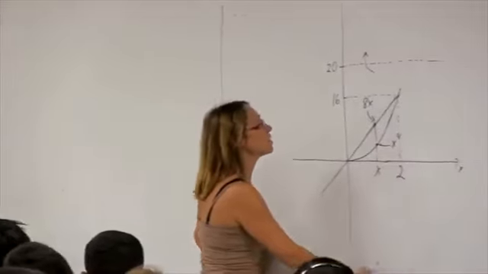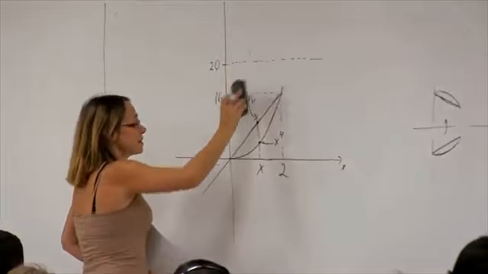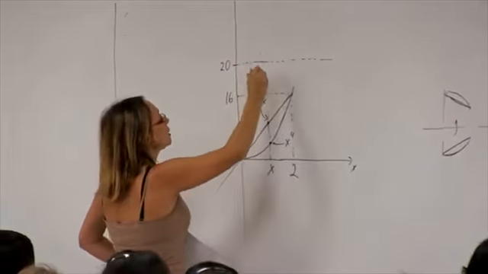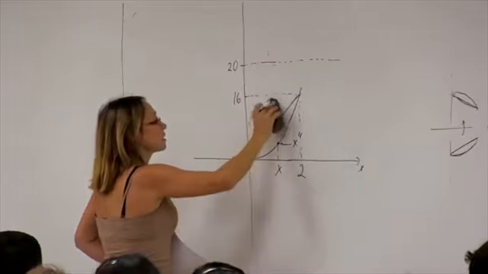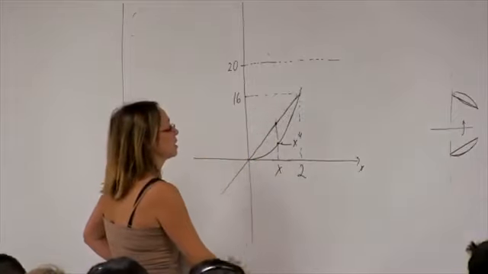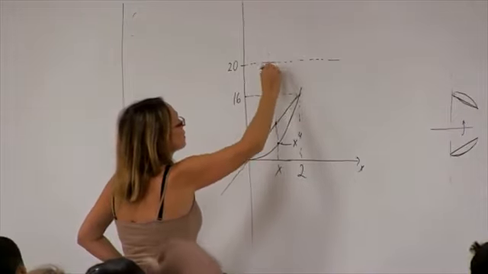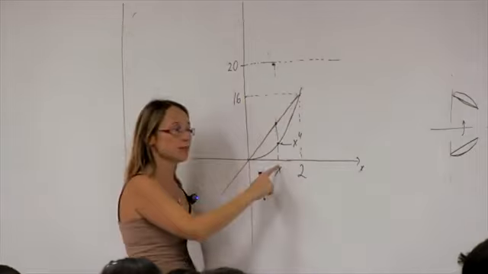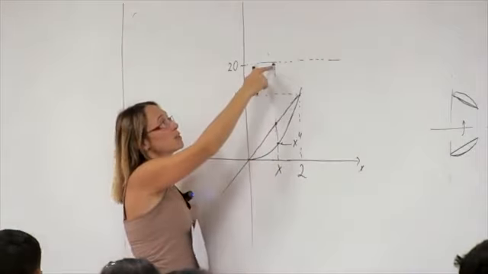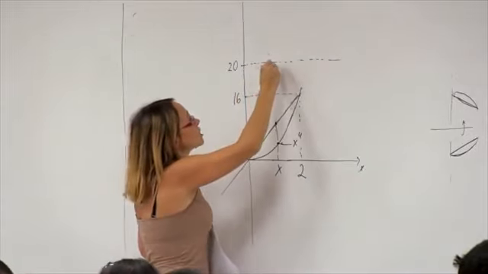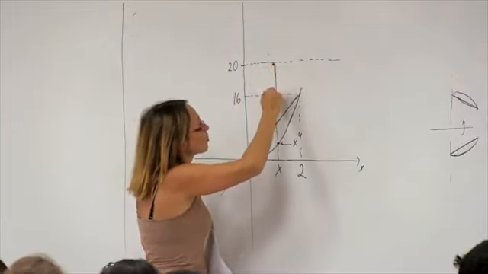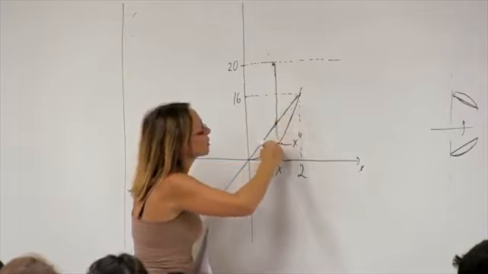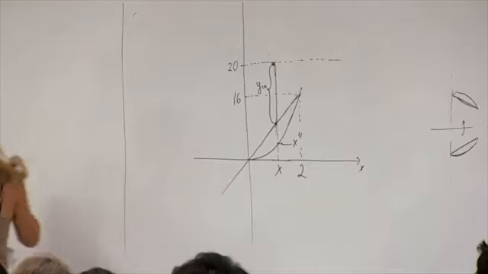So the radius is the distance between the center and the edge, right? So we are going to measure our distances from the center, not from here. We are not rotating around the x-axis. We are rotating around this axis. So what is the inner radius corresponding to x? It's the distance between this and this. I can denote it y inner.